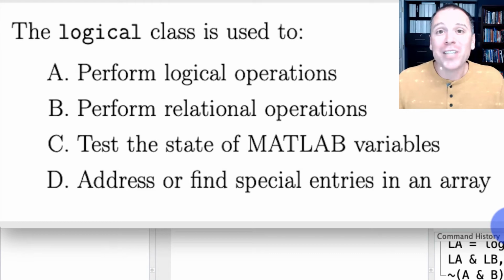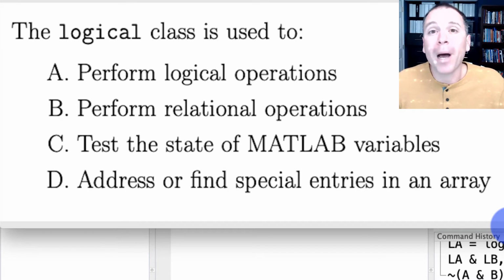When thinking about the logical data class, I'm going to coach you to think about 4 different purposes. The first of those purposes is to perform logical operations. So logical data is used to perform logical operations. The second one is to perform something called relational operations, or to compare two pieces of data against each other. The third is to test the state of MATLAB variables and actually MATLAB entities. We'll see more about what that means later.